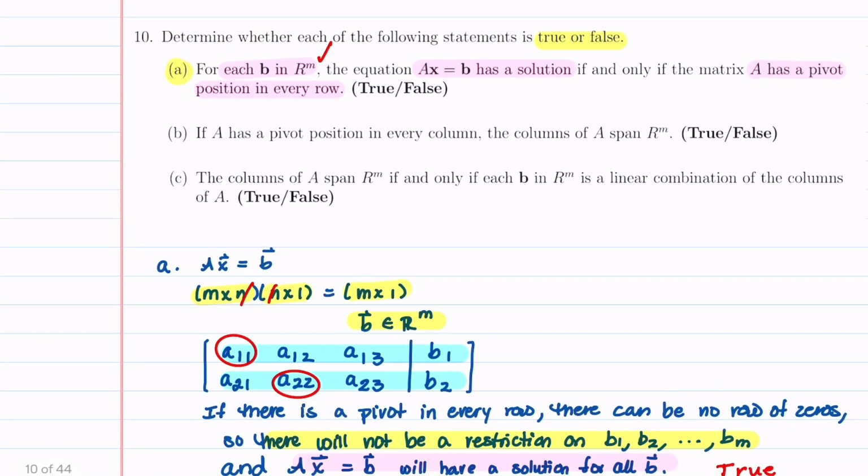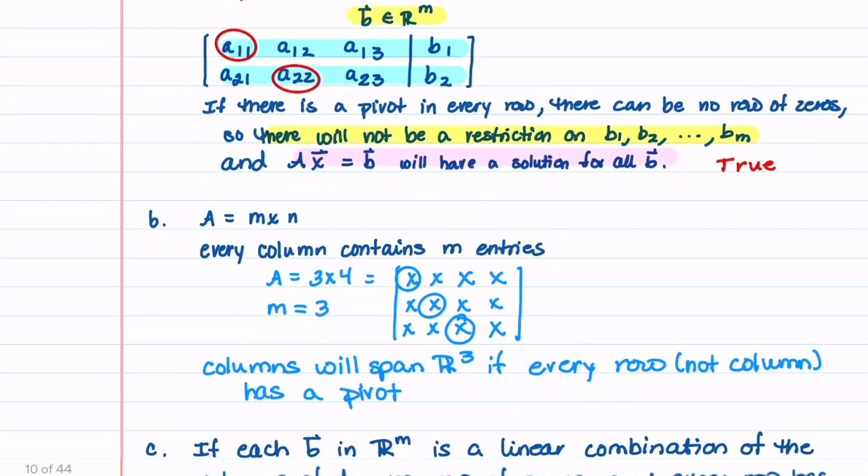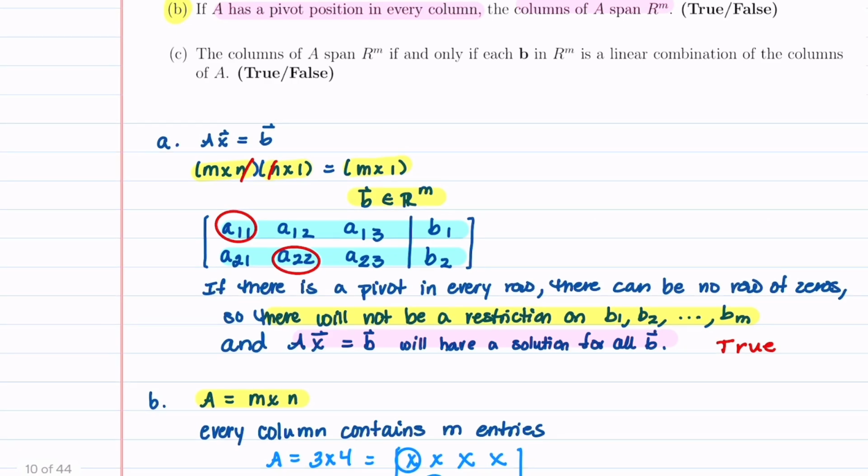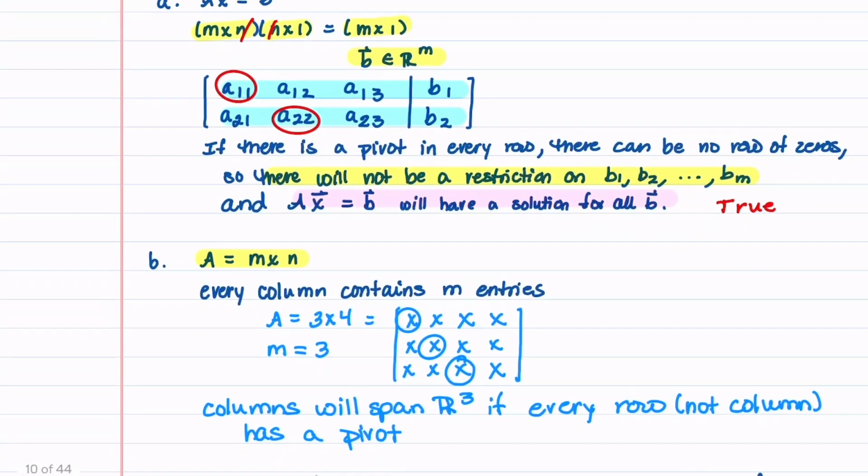Let's now look at our second statement. Our second statement says that if A has a pivot position in every column, the columns of A span Rm. Just like we did for part A, I'm going to start out by saying, okay, A is m by n, and what the problem told us is that it has a pivot in every column.